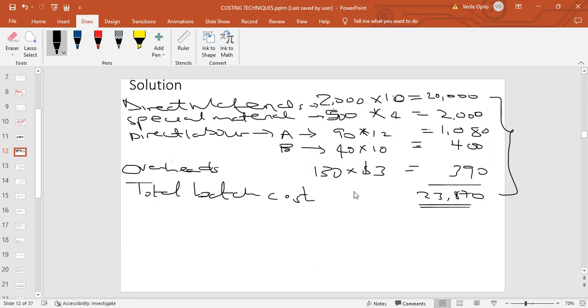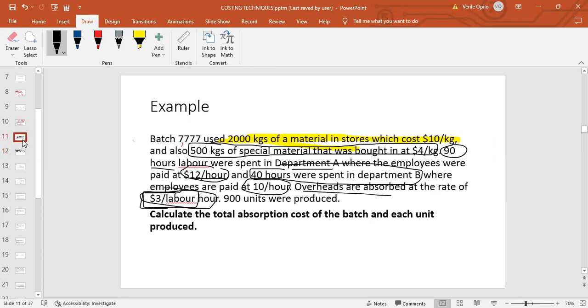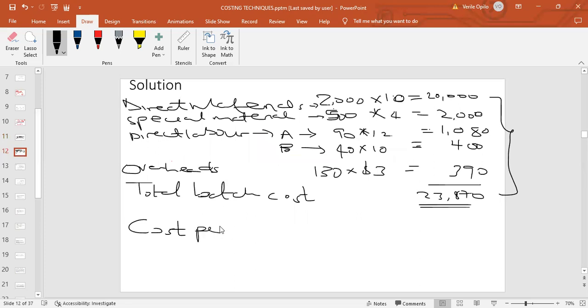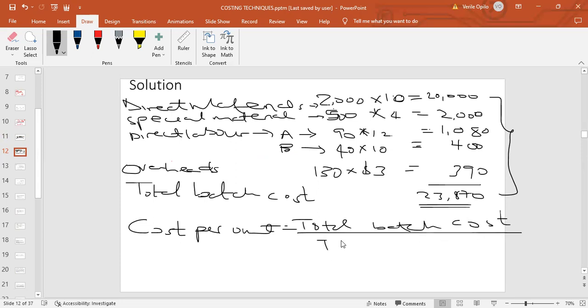Once you have obtained the total batch cost, we're not done with the question yet. The question is also asking us, what is the cost of each unit produced? So the cost per unit will be equal to the total batch cost divided by the total units in the batch.